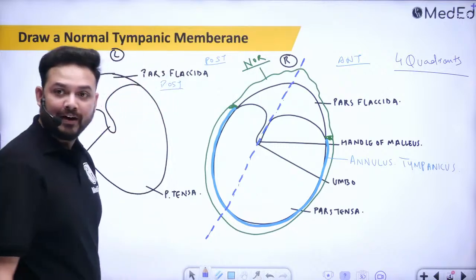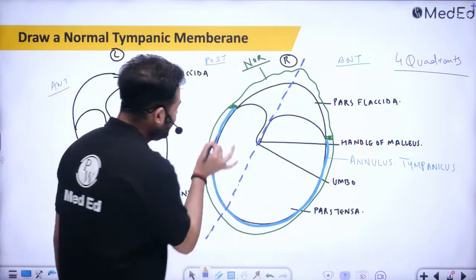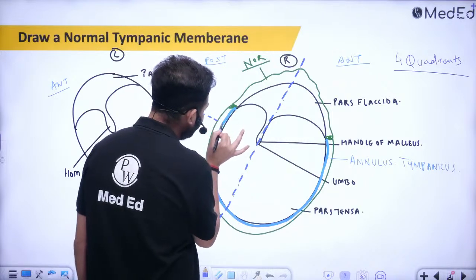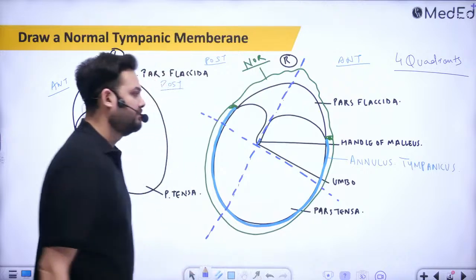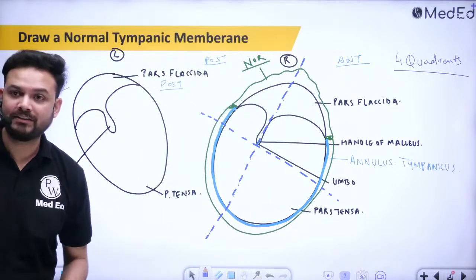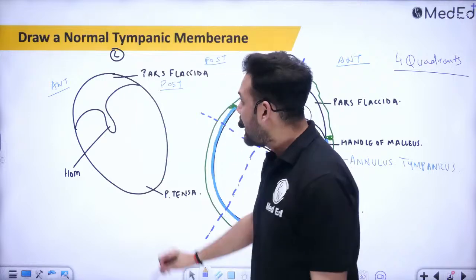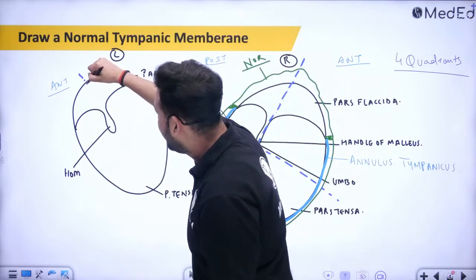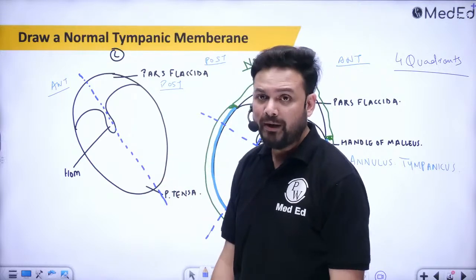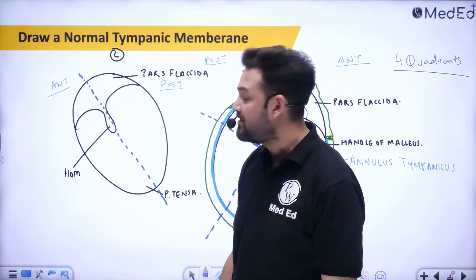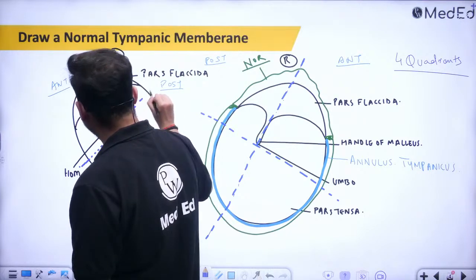And we make another horizontal line, perpendicular to the first line, passing through the umbo. Are we clear on this? So again, on this tympanic membrane, I am going to draw one line along the handle of the malleus vertically down, and another line which is horizontal and perpendicular to the first line, crossing my umbo.